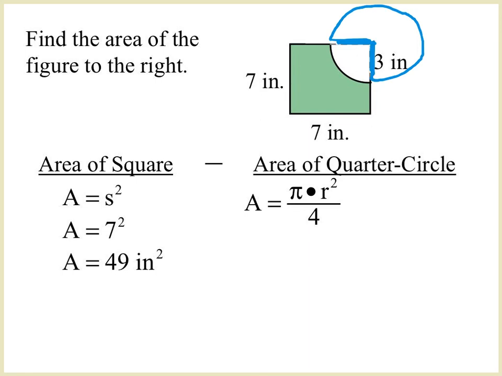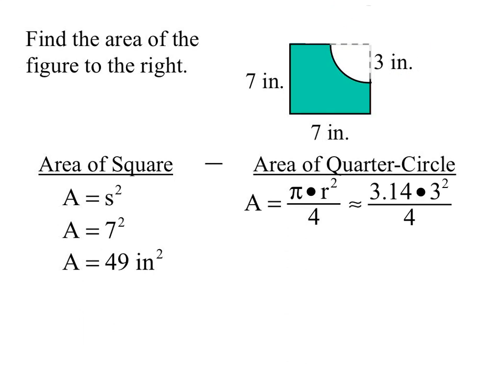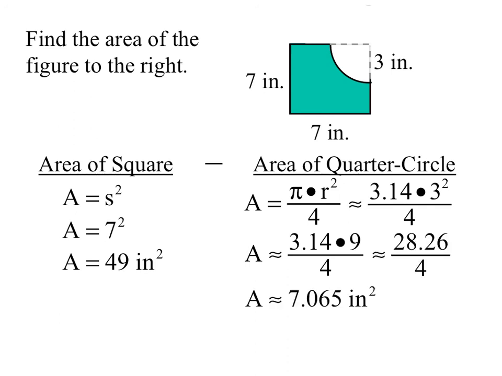So it's 3 squared, and when I square that 3, I get 9. I can multiply the numerators together and then divide by 4.